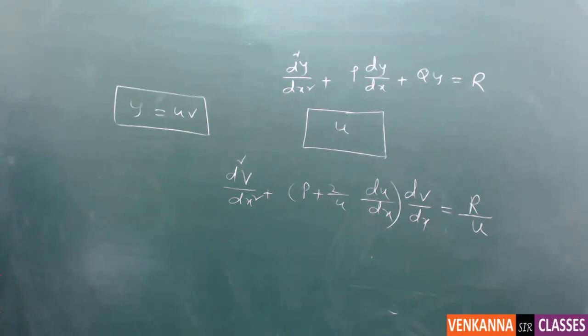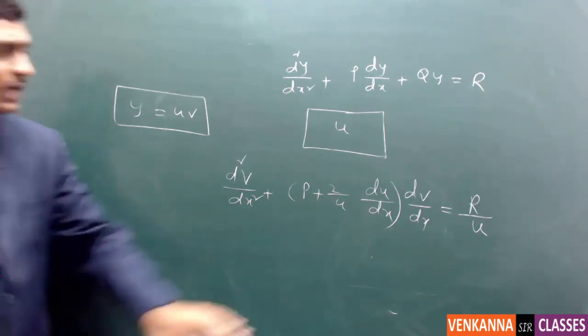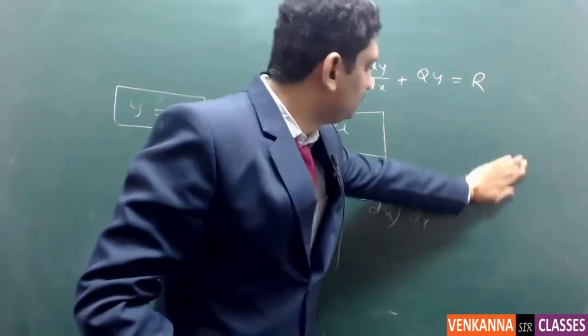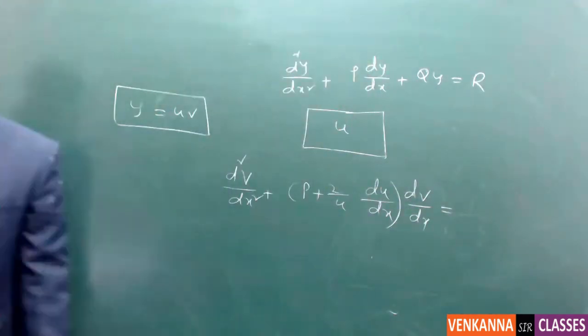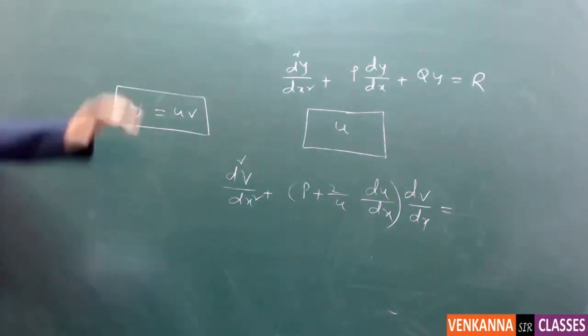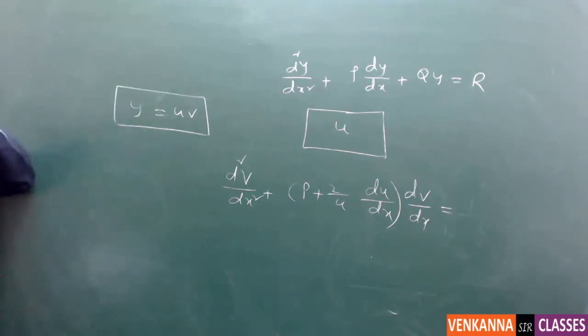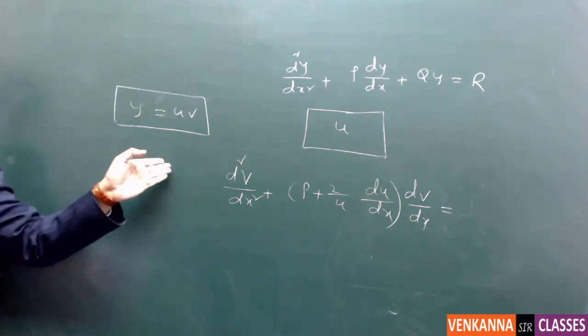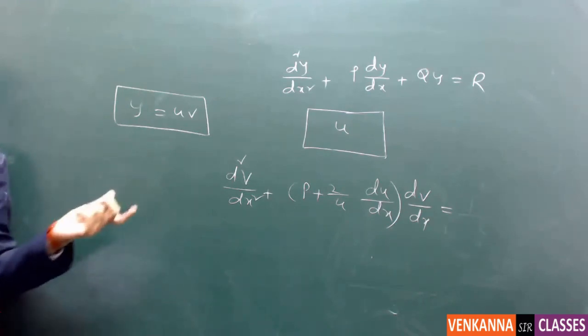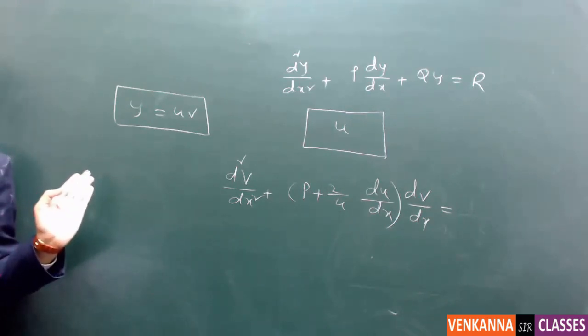Here, what happens if RHS is 0? Then also we apply the same methodology, and usually this method takes a little more time compared to the regular methods.